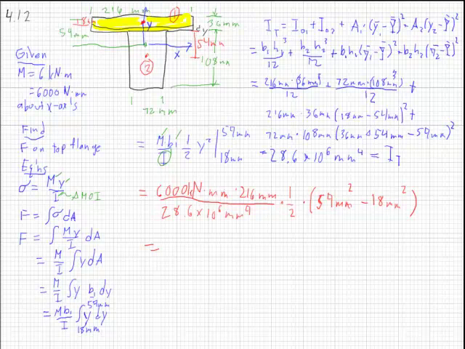So we end up with kilonewtons times millimeters to the 4th, and all over millimeters to the 4th on the bottom. And our number is 58.8. These millimeters to the 4th all cancel out, so our final answer is 58.8 kilonewtons.